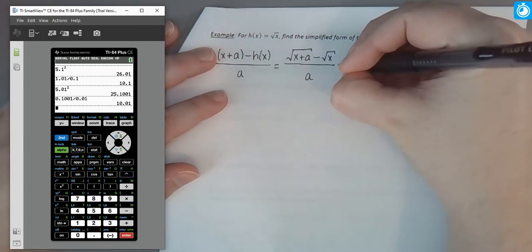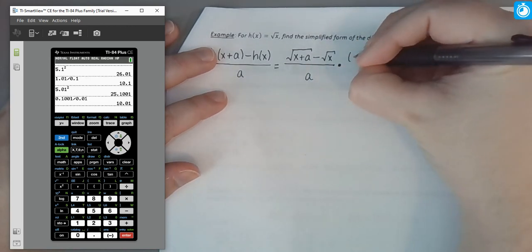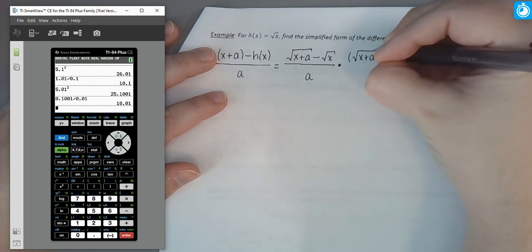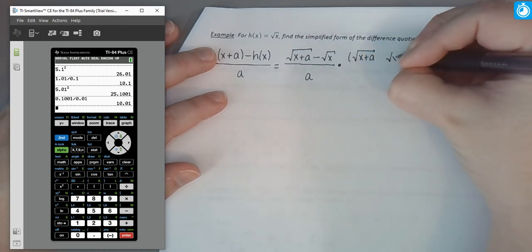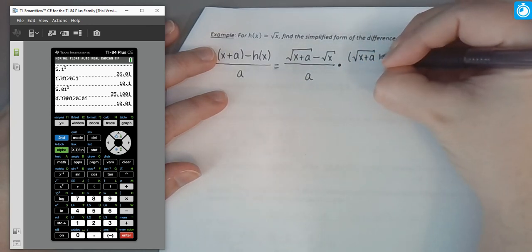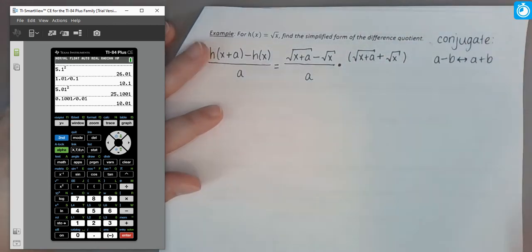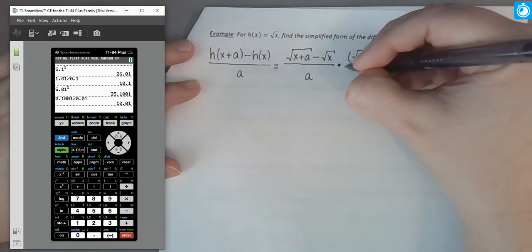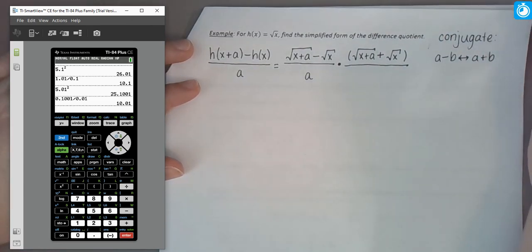So on the top, multiplying by the conjugate again is going to have the same terms, so the same radicals, but rather than a subtraction, it's going to have an addition. And I'm going to put parentheses around it because this is not going to be as simple as just a plain old distribution. We now have multiple terms that have to get multiplied together.